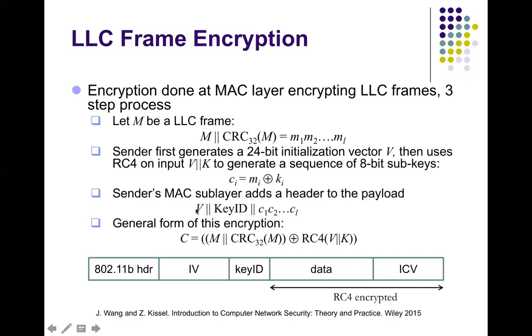You need to send over the initialization vector, which indicates that this packet is for this particular encryption, and the key ID to get to this particular key, and this encrypted frame, C1 up to CL. So this is the encrypted LLC frame.